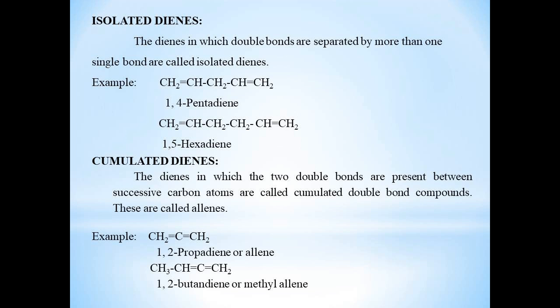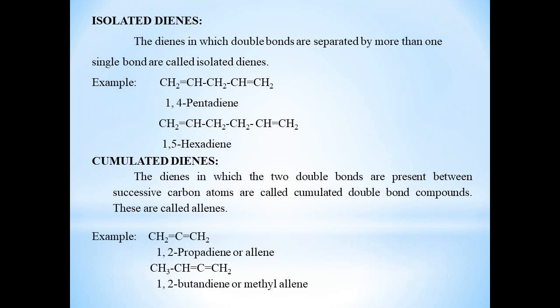Next one, cumulative dienes. In cumulative dienes, the double bonds are present between successive carbon atoms. Successive carbon atoms means the double bonds are coming continuously. That is a successive carbon atom. These types of dienes are also called allenes.